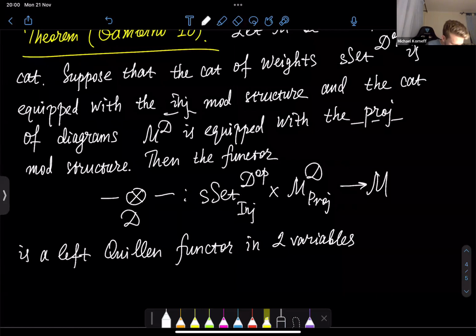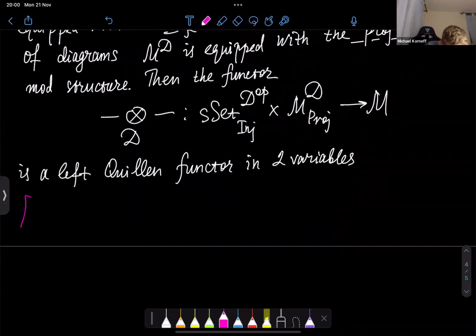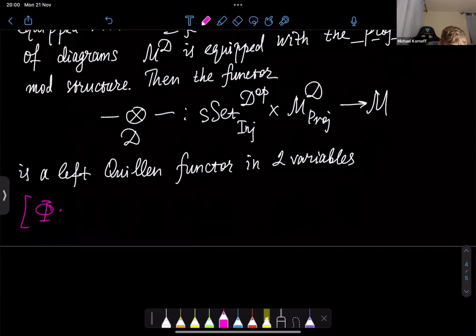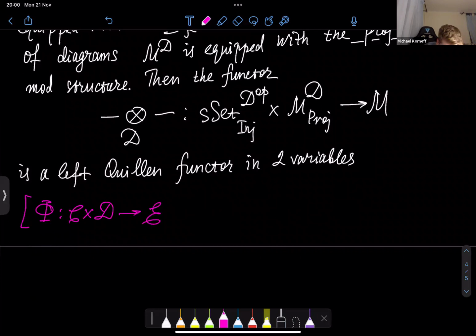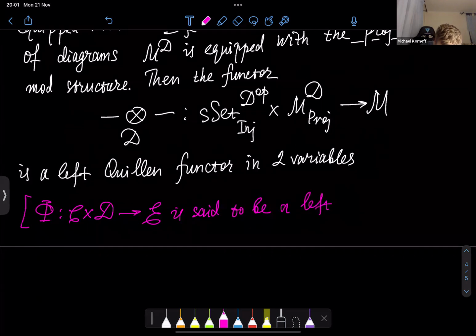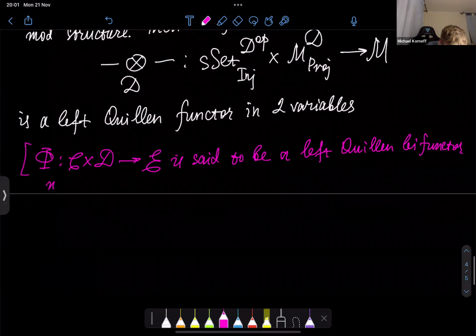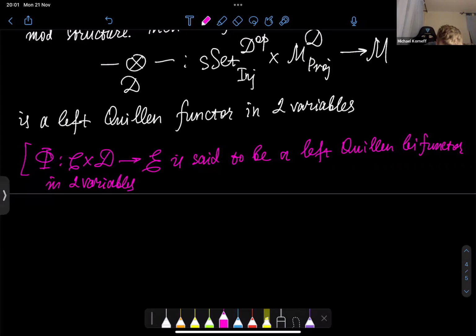Recall that we say that the functor phi between these categories is said to be a left Quillen bifunctor if the following conditions hold.